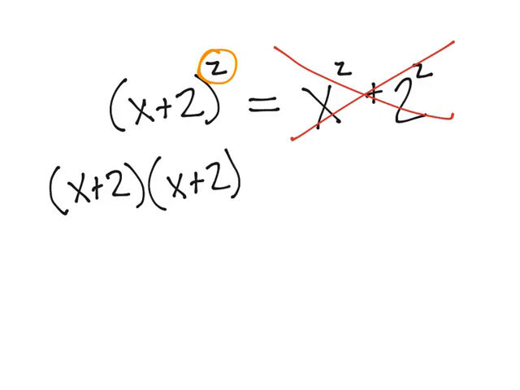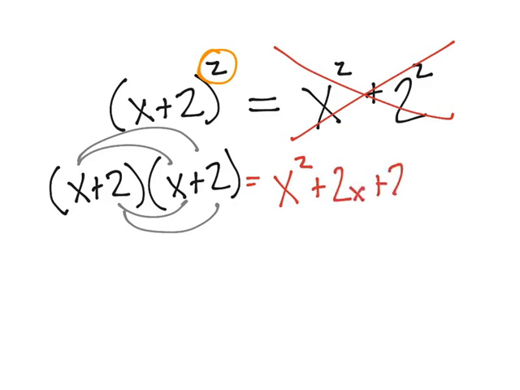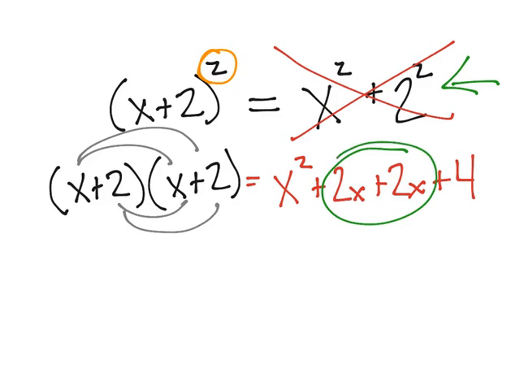When you come back and FOIL the values, we get a result of x squared plus 2x plus 2x plus 4. In this case, if we had gone with our initial guess, we would have missed out on these two x's inside. So our final answer should have been x squared plus 4x plus 4.